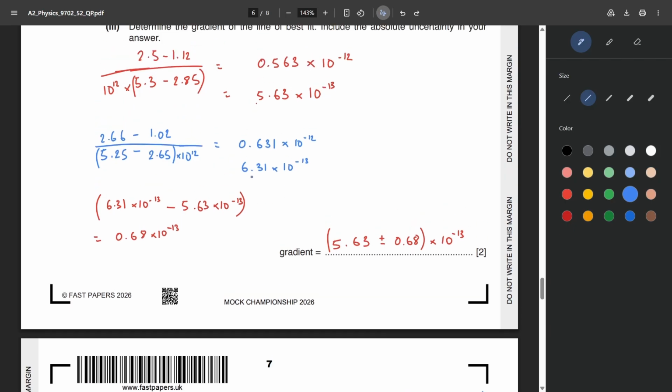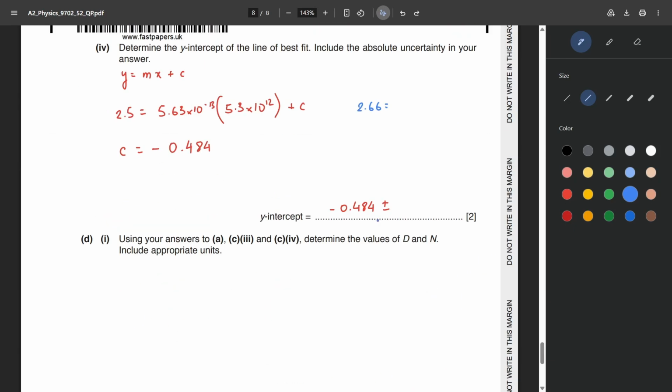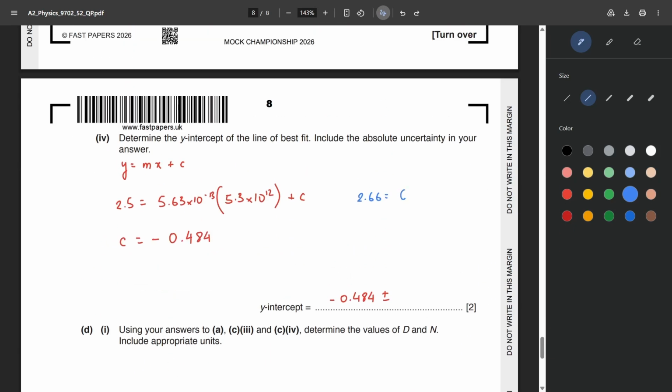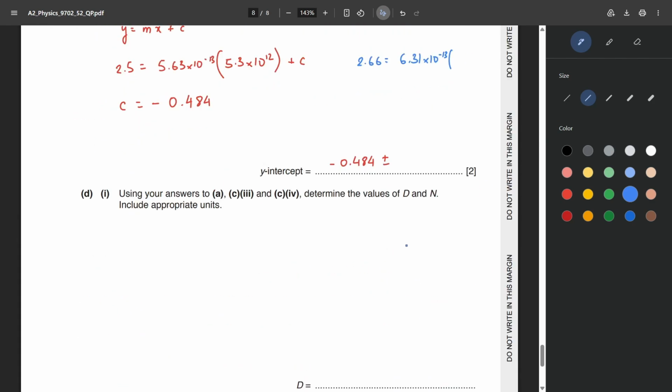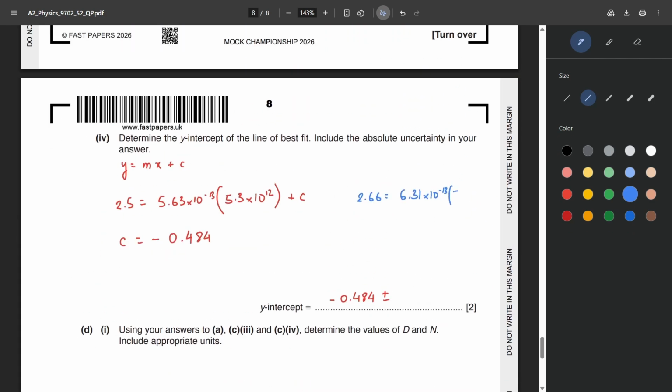The gradient of the worst acceptable line was 6.31 times 10 to the power of minus 13 times the value on the x-axis, which is 5.25 times 10 to the power of 12, plus c.